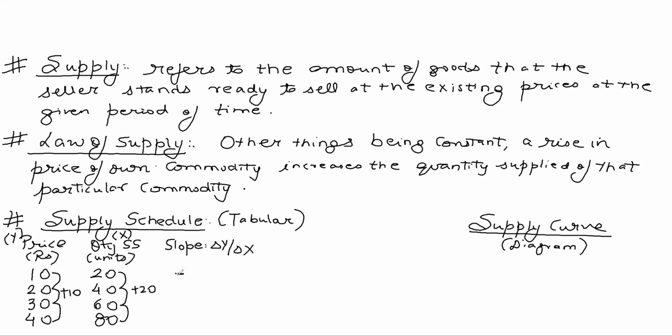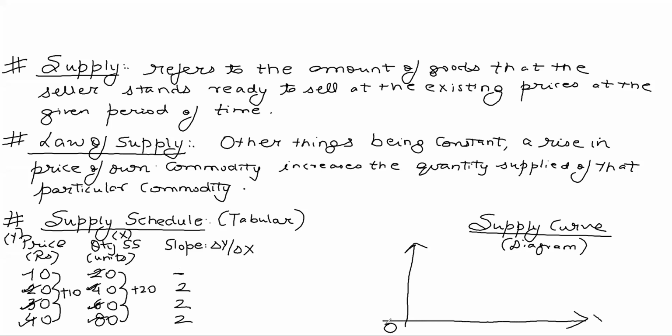For the first observation we can't find it, but from the second observation onwards, it's 40 minus 20 upon 20 minus 10, which is 2. 60 minus 40 upon 30 minus 20, which is again 2. 80 minus 60 upon 40 minus 30, which is again 2. So the slope is a constant every time, equal to 2.